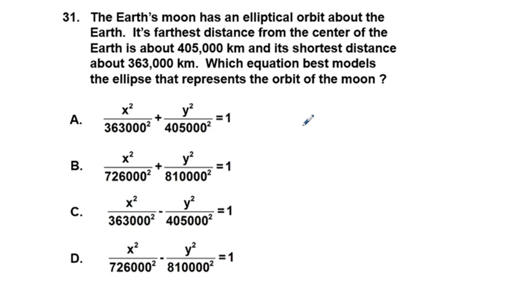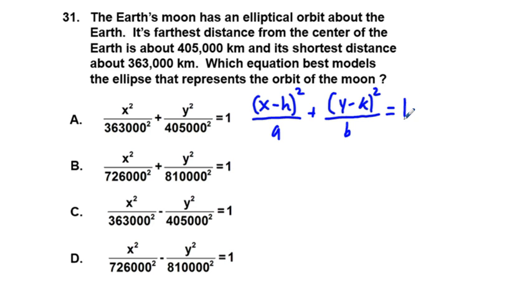The form of an equation of an ellipse is the basic standard form: x minus h quantity squared over a plus y minus k quantity squared over b, and that all is going to be equal to 1.